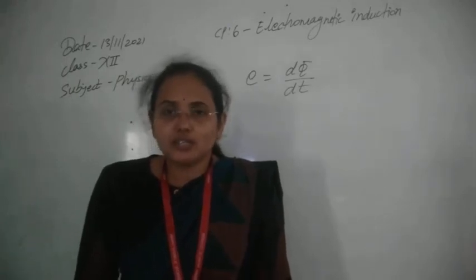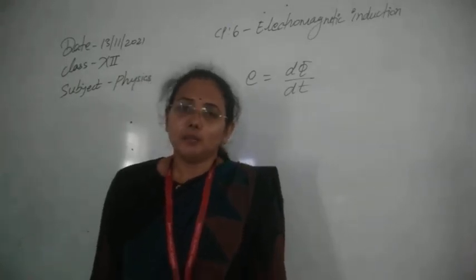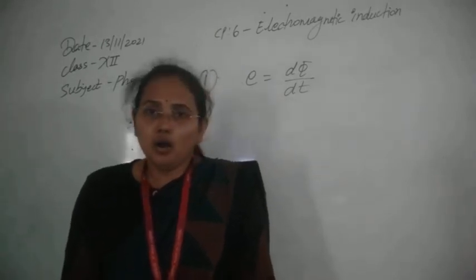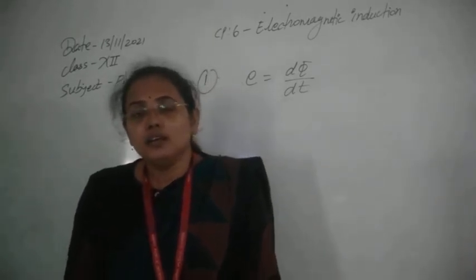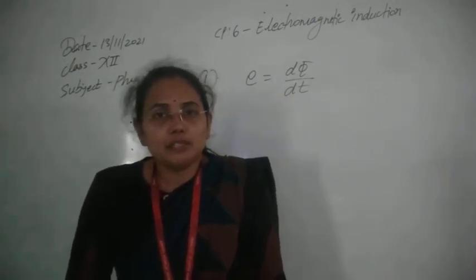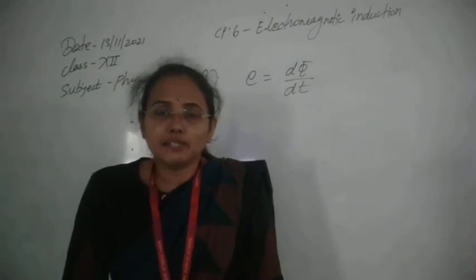So to conserve it, it should always have the opposite direction. So this is all of Faraday's law of electromagnetic induction. The first topic of this chapter, electromagnetic induction, we have discussed.